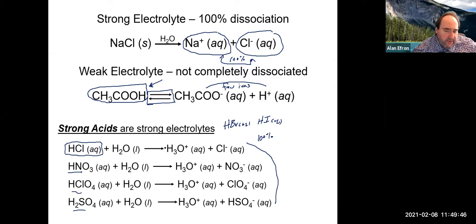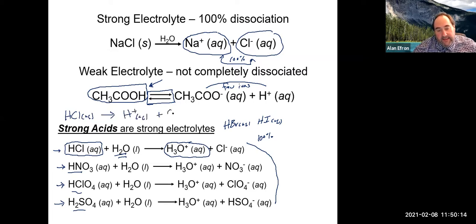This is also another way you could write this. In each of these equations, as we talked about earlier in this chapter, these are really just the acid breaking apart in solution. If you write it with the water in the reaction, that is how we produce H3O plus. A reminder that you could also represent this by just writing HCl going to H plus and Cl minus.